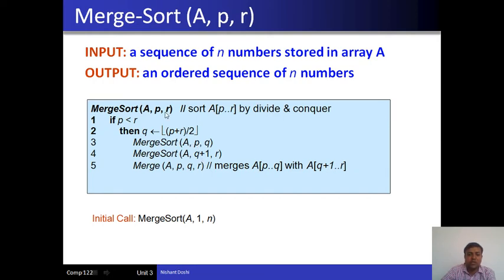If the size of this array is n, then this will be n by 2 because we are going half, and this will also be n by 2. It means there are 2 recursion calls, and both times the size will be half. So if the total complexity of merge sort is T of n, then it is twice T of n by 2 plus big O of n. So that will be the total complexity.